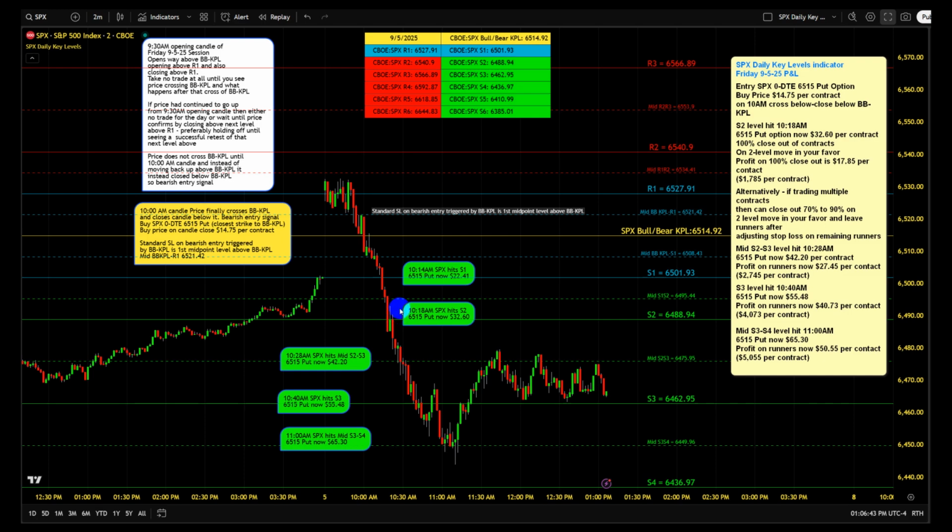You would adjust your stop loss at that point by either moving your stop loss down to the BBKPL or the first midpoint below the BBKPL if you're adjusting your stop loss by levels.